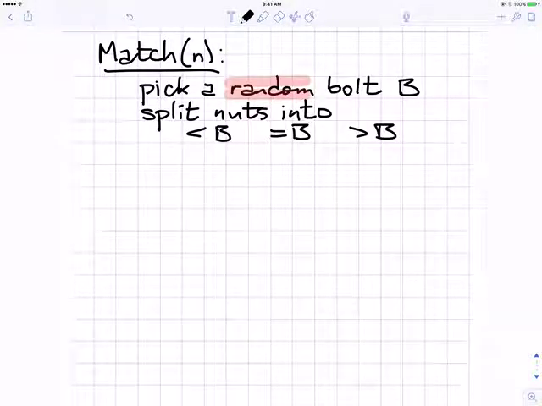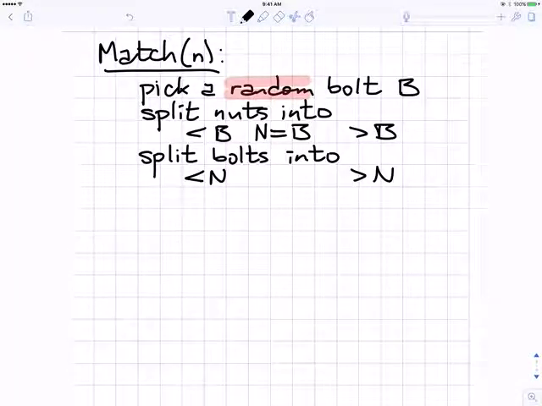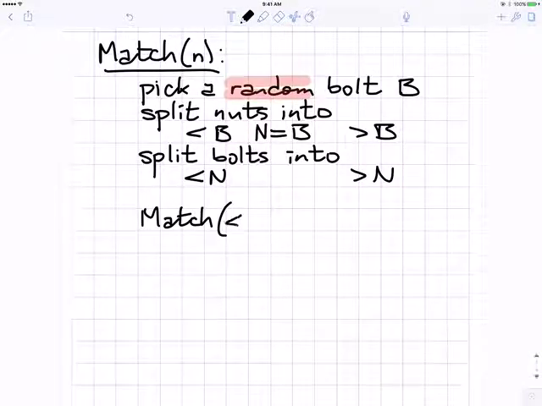Now, one of those nuts is going to match B exactly. So now I'm going to split bolts into smaller than n and bigger than n. And I've already found the one that matches n, so I don't actually have to do that test. And now I'm going to recursively match all the nuts that are smaller than b with all the bolts that are smaller than n.